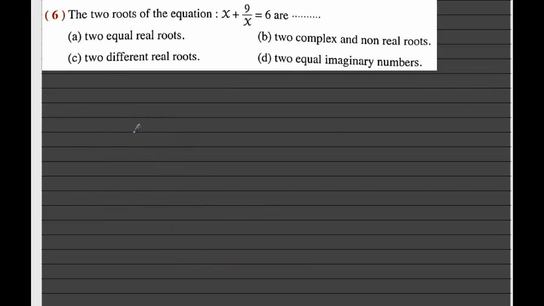Here, question number 6. The two roots of the equation x plus 9 over x equals 6 are two equal roots. Okay, of course we must calculate the value of the discriminant, and for that we will make some edit to the equation.